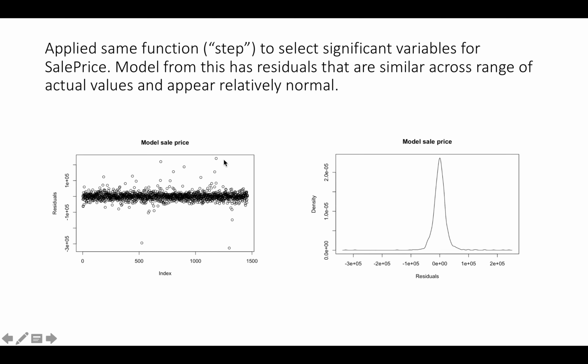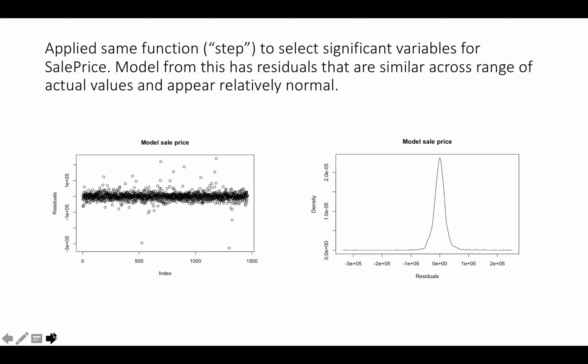You see a few extreme values, but overall, the magnitude of the residuals seems pretty similar, whether the actual values are on the very low or very high side, which is what you want. And then this is a density plot, and the residuals appear relatively normal. It's pretty even whether you're going to slightly over or underestimate. So I thought this looked pretty good.